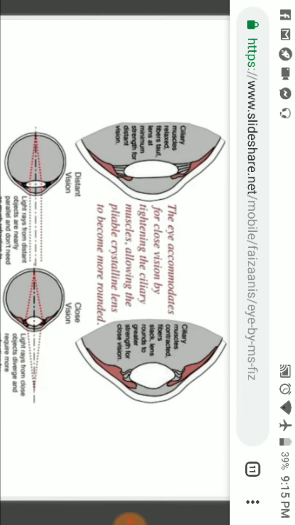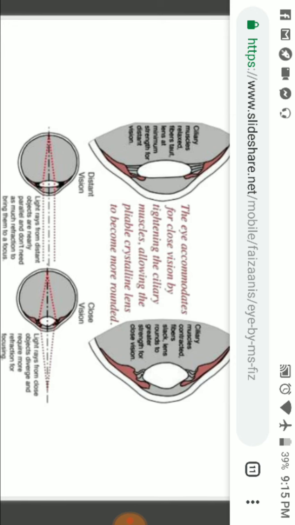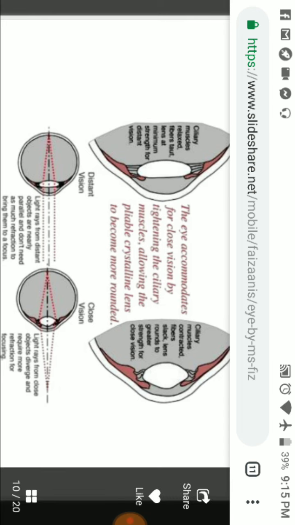Over here you need to note that it's not written anywhere that suspensory ligaments are contracting or relaxing. They're saying ciliary muscles. Because of the ciliary muscles' movement, the suspensory ligaments help the lens to either get thicker or get elongated in size.